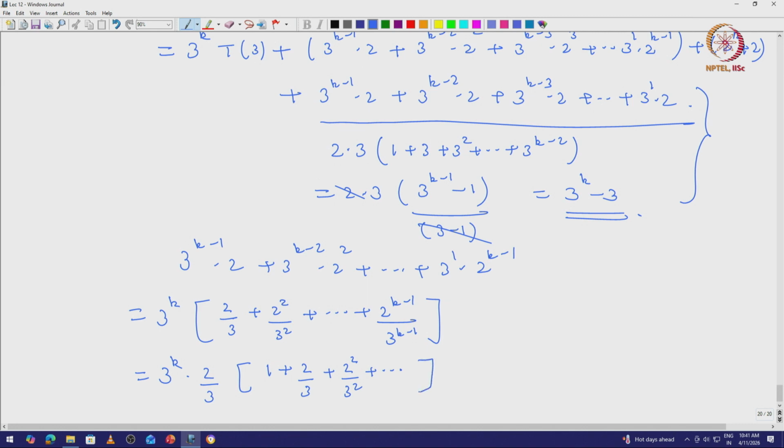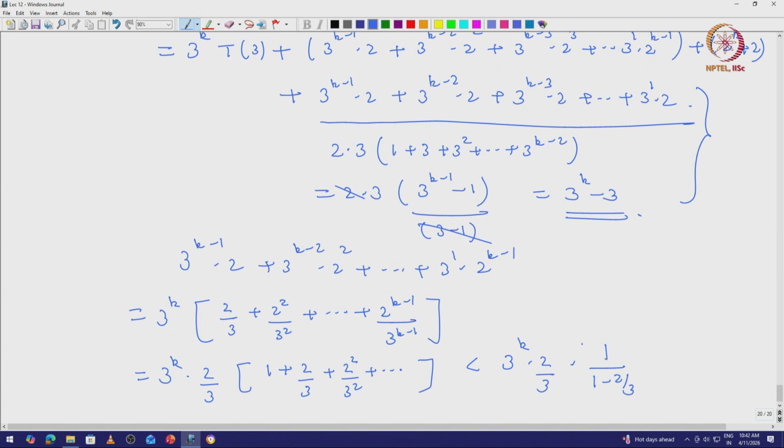Even in this infinite series, if you take it, it is a geometric progression with common ratio less than 1. This is less than 3^k times 2/3 times 1/(1 - r), that is 1/(1 - 2/3).